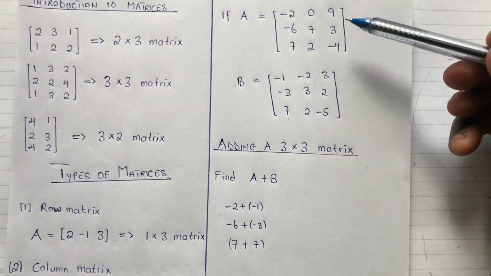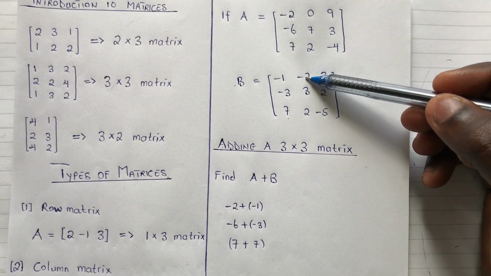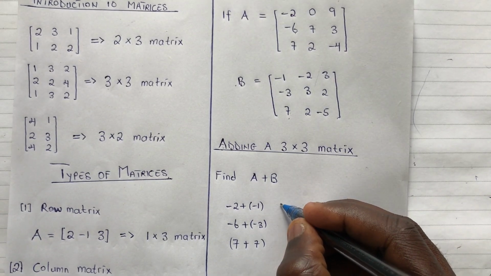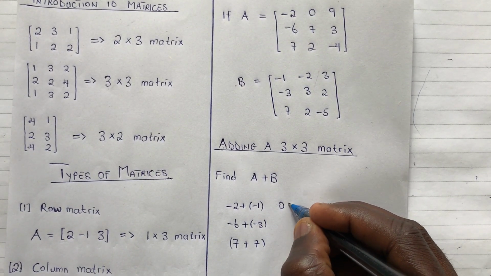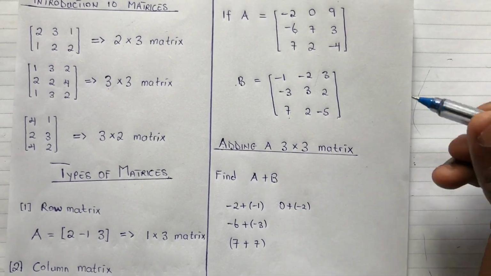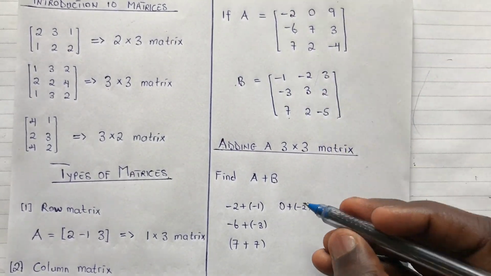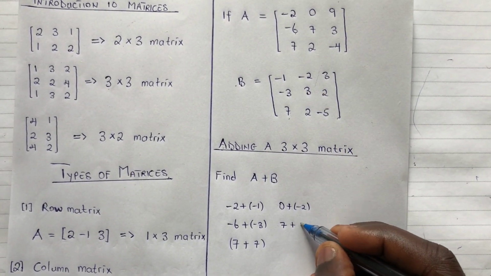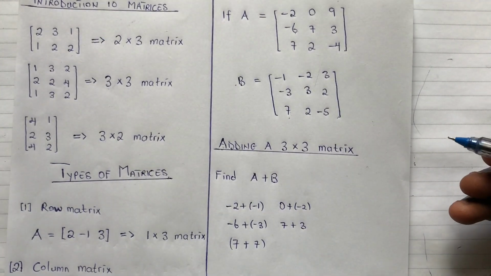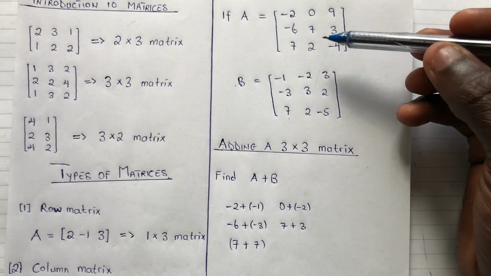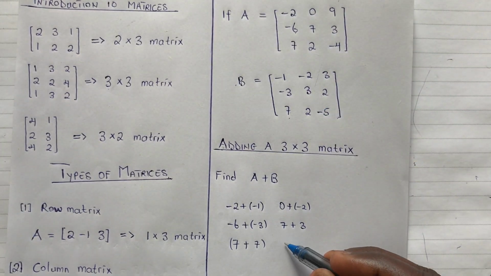So let's move on to this side. 0 plus minus 2. That is what I have here. Then 7 plus 3. Then the next one will be 2 plus 2.